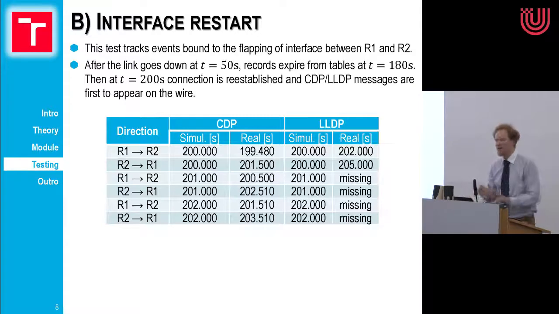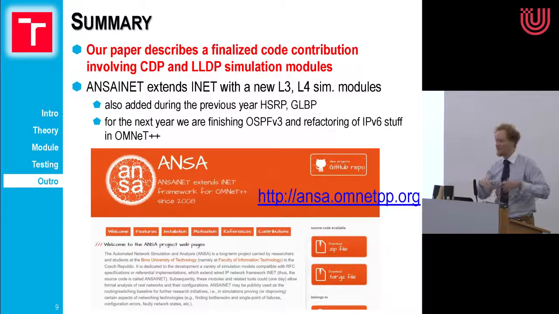So, to summarize my presentation, I've just introduced you to a small code contribution that we've added to our ANSA INET package, where basically we are extending the INET functionality with different layer 3 and layer 4 simulation modules.